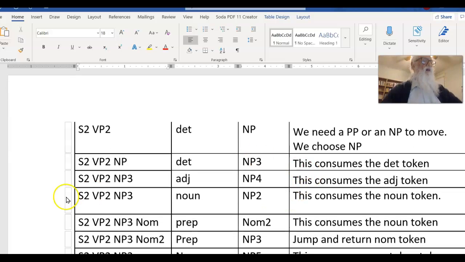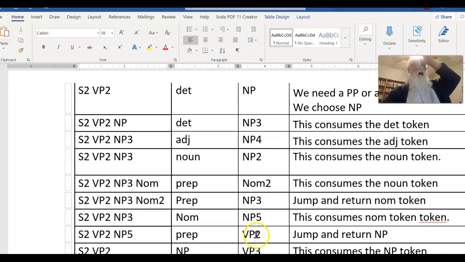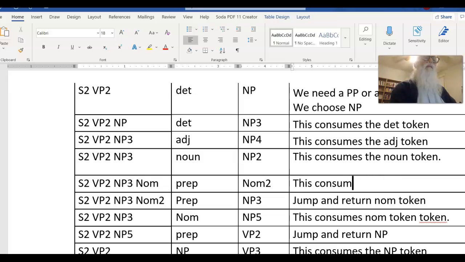So what can we do? Well, if we go with NP and we look at determiner, it jumps us to another state. Adjective jumps us to another state. Nominal takes the noun away from us. Then we see a preposition. That takes us to another state. Now, we have not eaten up the preposition. We've eaten up only the one up above.